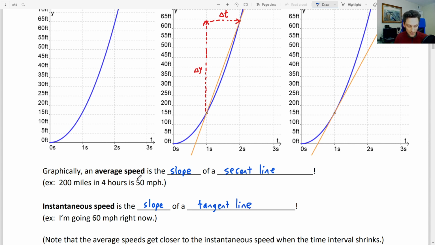Below each of these, it gives another quick example. If you travel 200 miles in 4 hours, 200 divided by 4 gives you 50 miles per hour. That's an average speed. Whereas instantaneous speed is, I'm going 60 miles per hour right now.